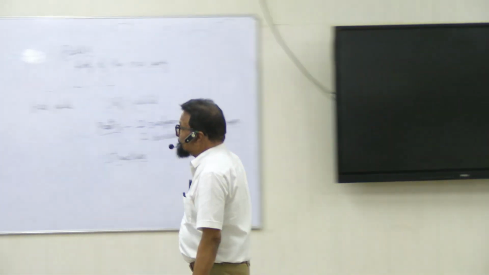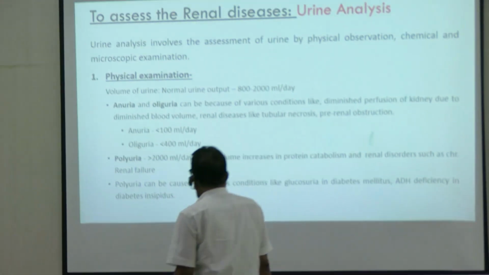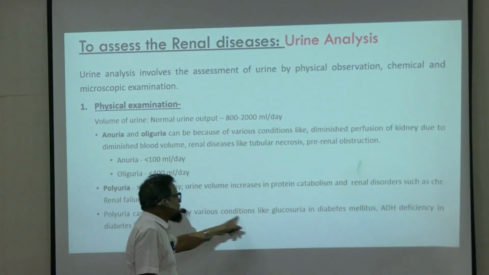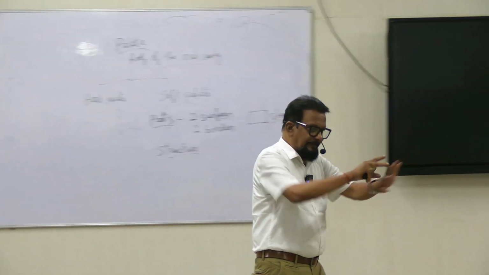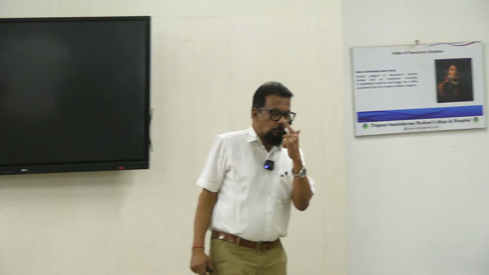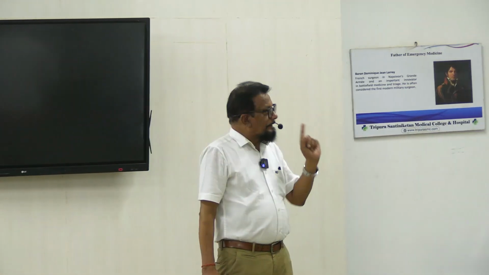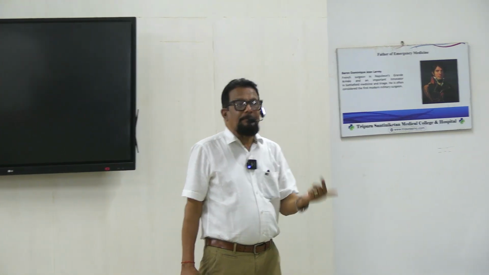Okay, so then the condition polyuria can be seen in glucosuria. Even if the patient is not giving any symptoms, suppose a patient came to you for some other purpose and gave a history of diabetes mellitus.